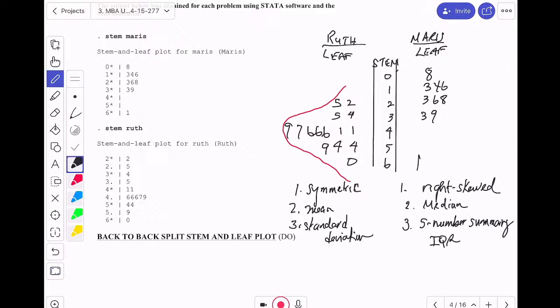You can also mention the range of values, in here and here. So these are the things we're going to calculate.